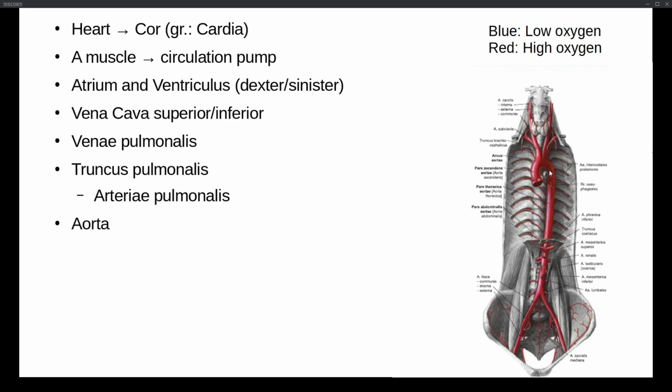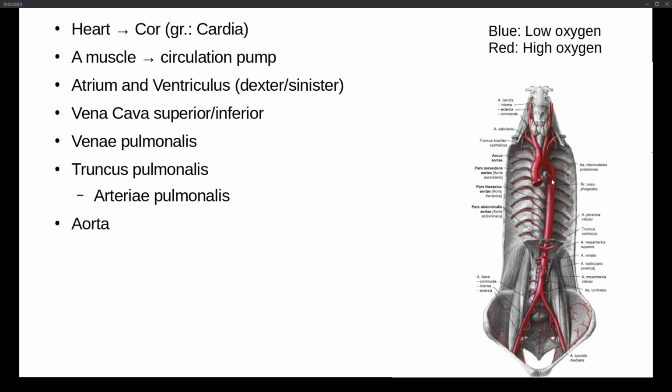and then dives down next to the spine on the left side, because whenever you look at a patient or at a picture, you will look at it like a patient standing in front of you. So this is the left side, this is the right side.